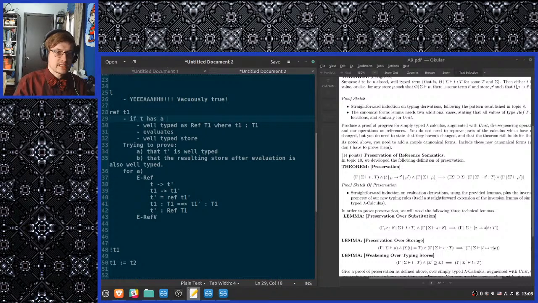If ref s has a type, it's ref the type of s. So since t is this, it must have type ref T1. Therefore t has the same type as t prime, therefore typing is preserved by evaluation in this case. Fine, good, excellent.